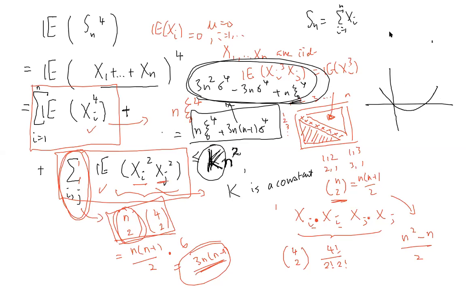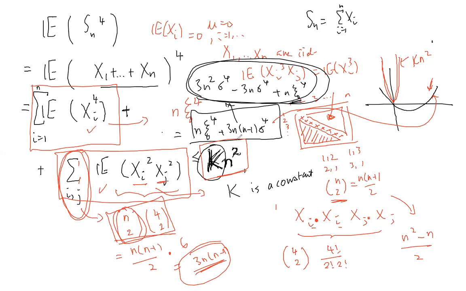So you can always choose your k in such a way that you get, so this is your kn squared, and this is your function here, okay? So you can always find some k such that your function here will be dominated by kn squared.